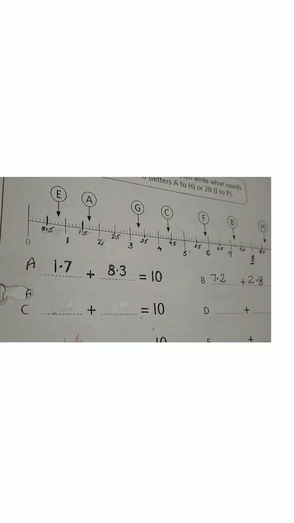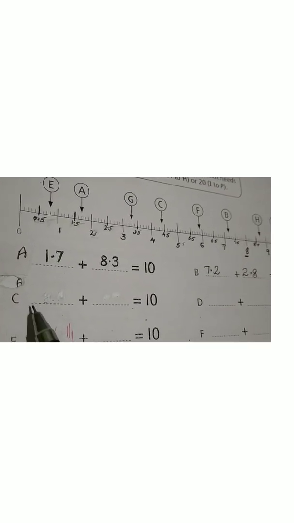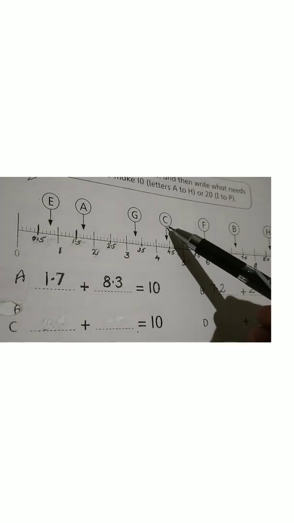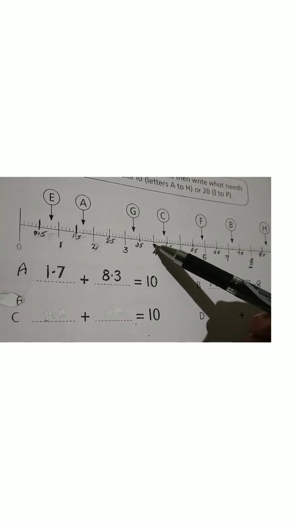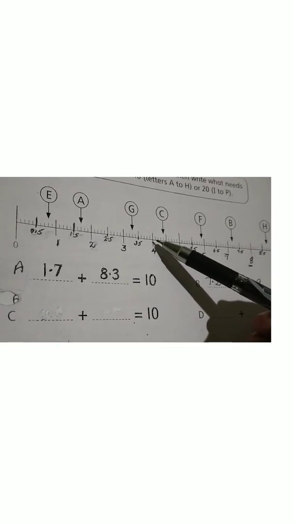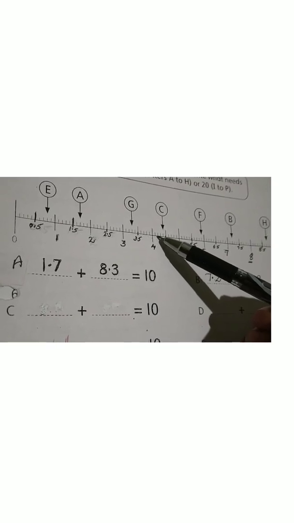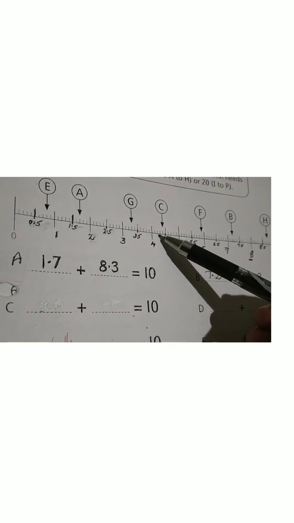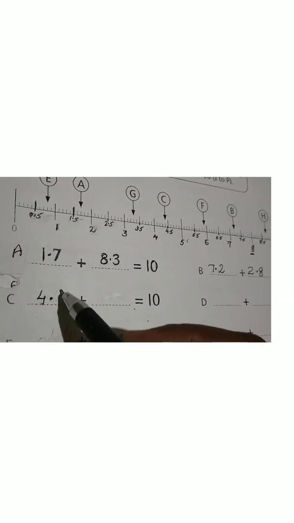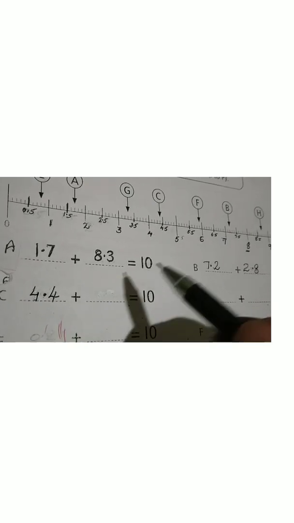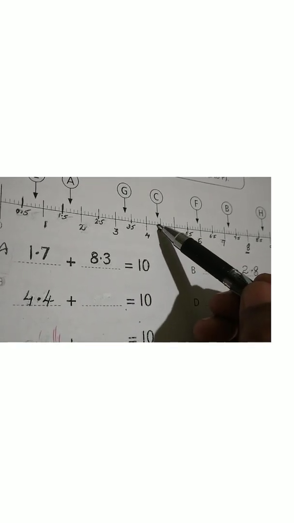Next question is question number C. C is here. C represents here 4. After that 4.1, 4.2, 4.3, then 4.4. So C represents 4.4. That is here.